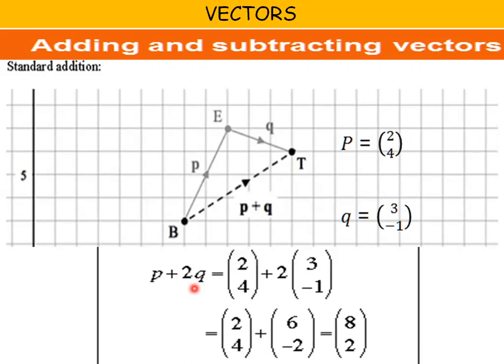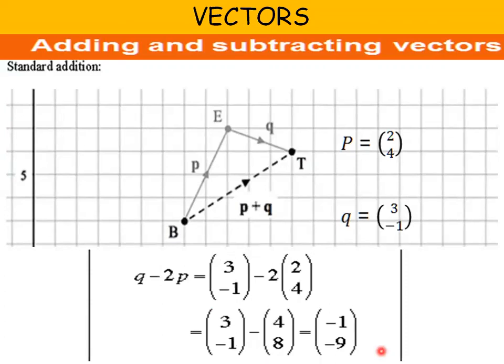And then the resulting answer we add to vector p. So vector p is 2, 4, and then we have 2 times 3, minus 1, which is the column vector for q. If we do that multiplication, we get 6, minus 2. Summing the two together gives us 2 plus 6, that's 8, and then 4 minus 2, that's going to give us 2.